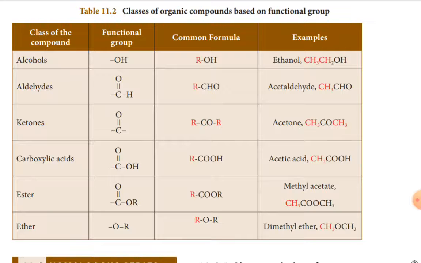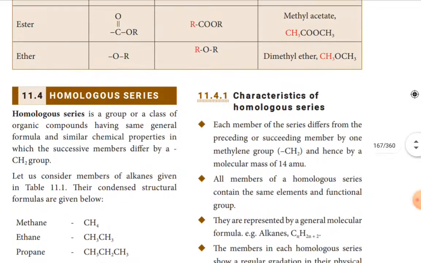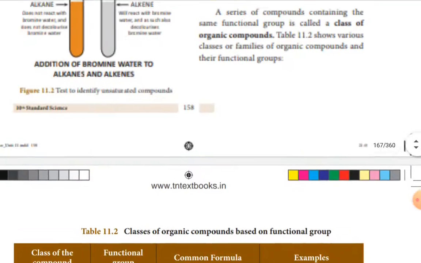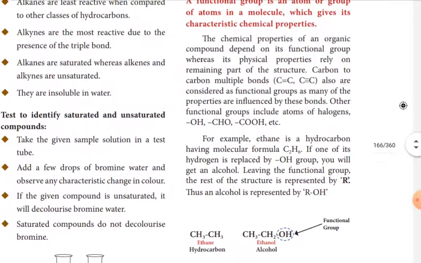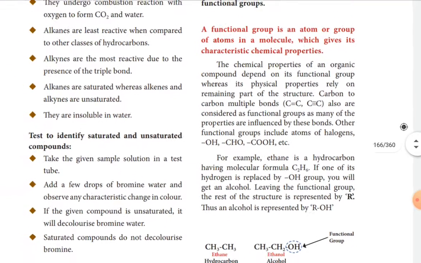Also see acetic acid, maybe propionic acid, ethyl acetate, and diethyl ether. So different kinds of compounds can be derived using different alkyl groups. So you have to go through up to this. It is only a simple topic, a very small portion given.